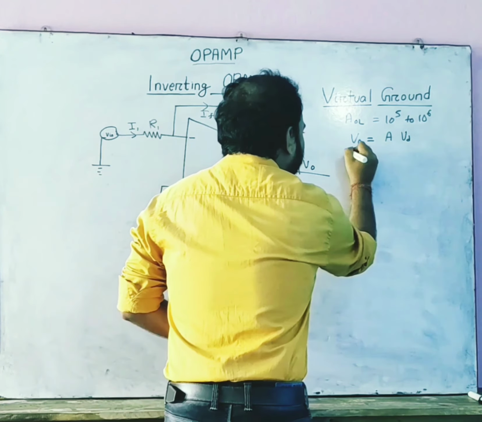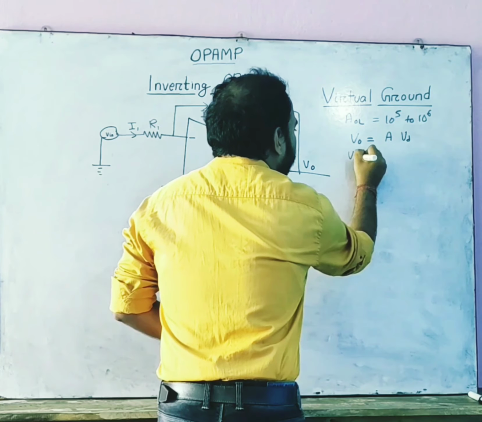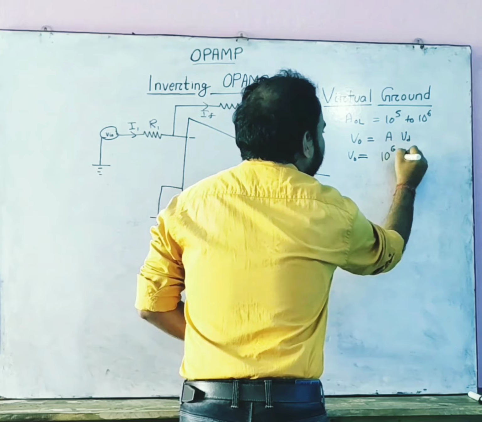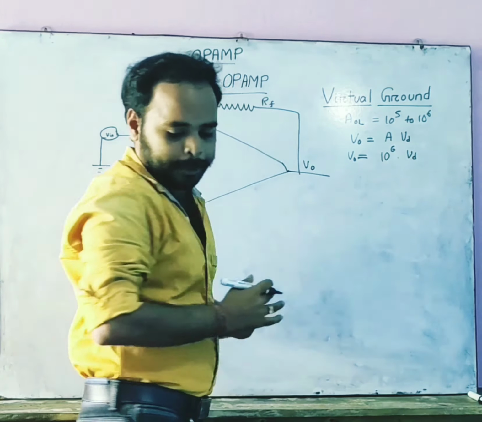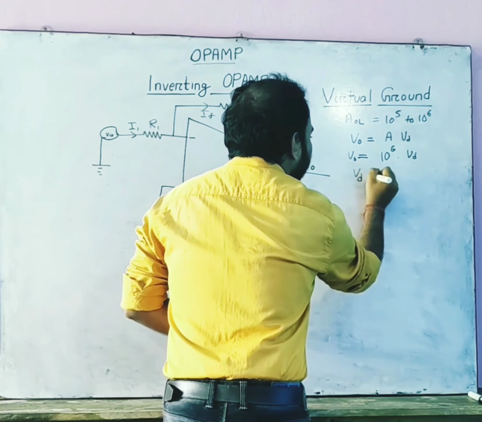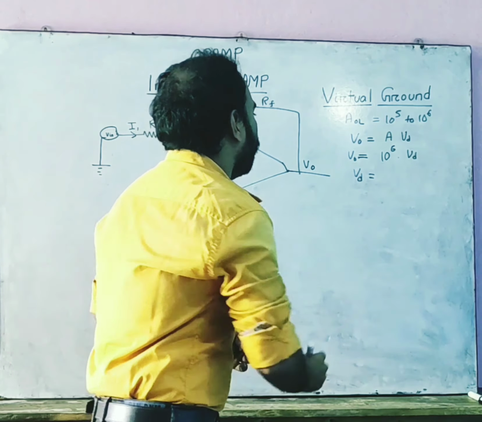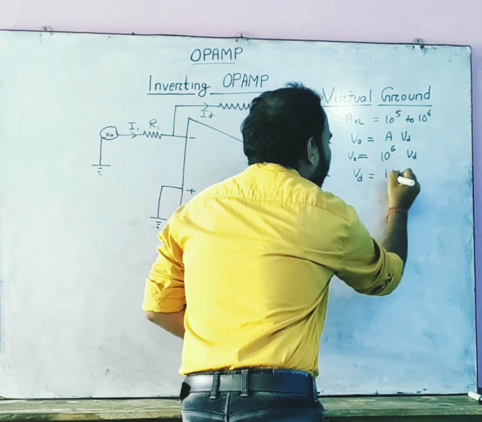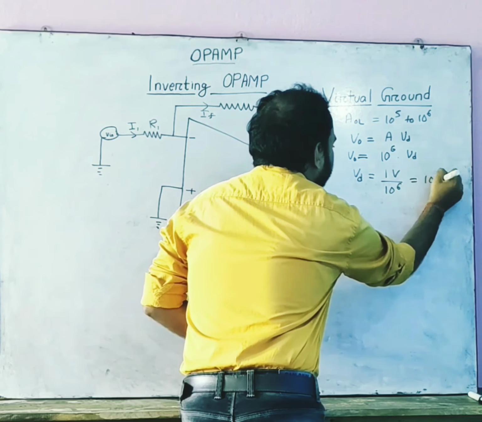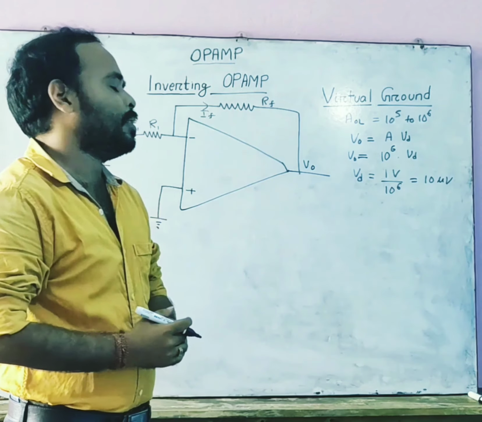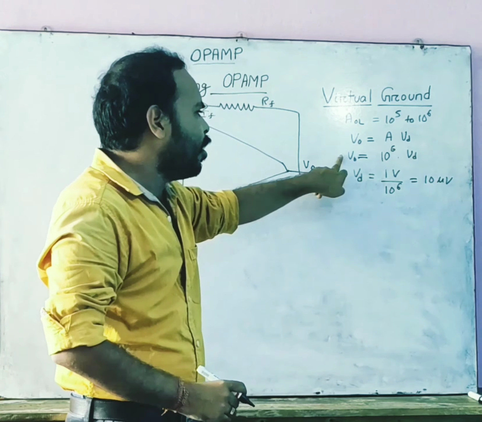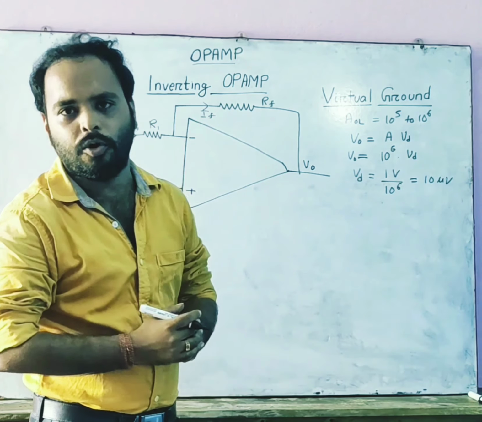Now, if we put, in place of A, 10 to the power 6, then V0 equals 10 to the power 6 multiplied by VD. This differential voltage VD will be equal to, if V0 is 1 volt, 1 divided by 10 to the power 6, or we get 1 microvolt. That is, the differential voltage will be about a microvolt if we obtain an output of 1 volt.